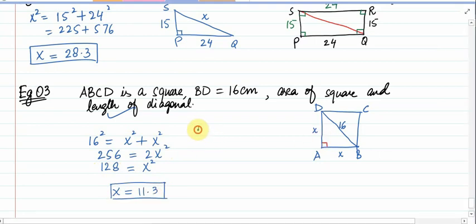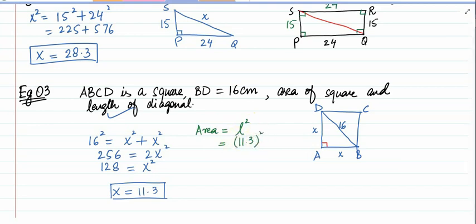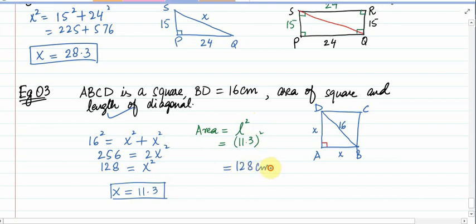Now area will be what? Area of a square is basically length square. The length we found is 11.3, and 11.3 square is 128. So that is the area of a square, right?